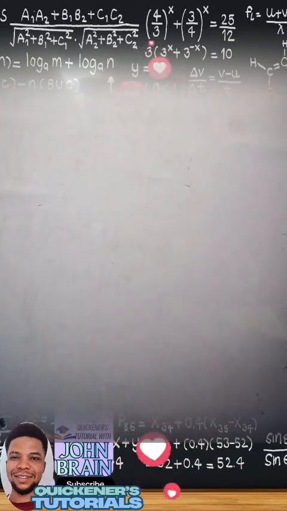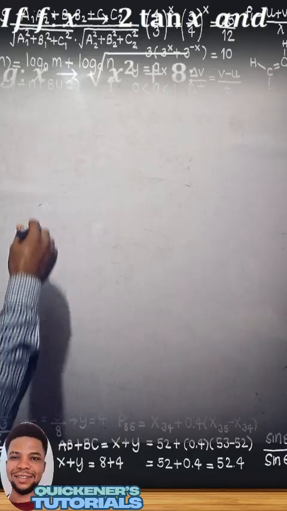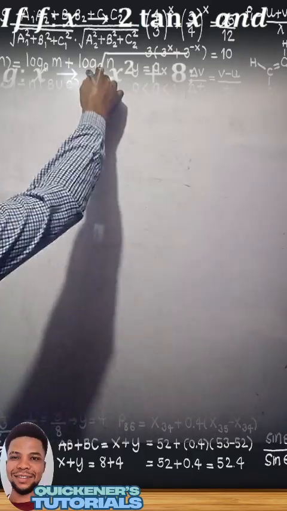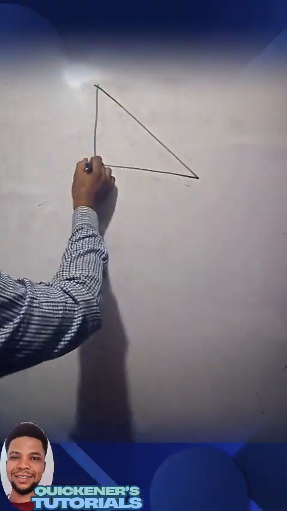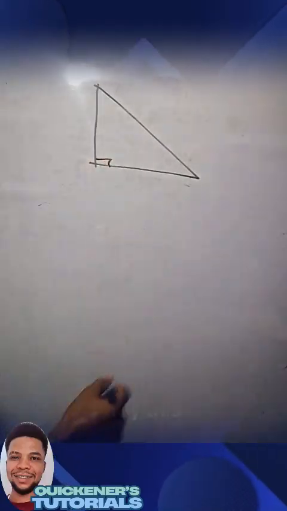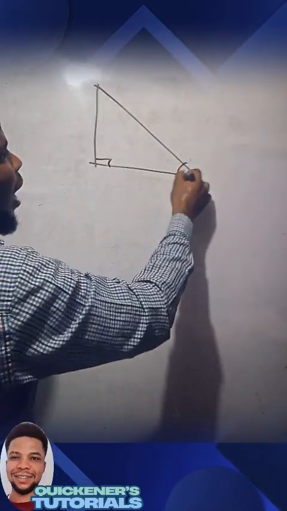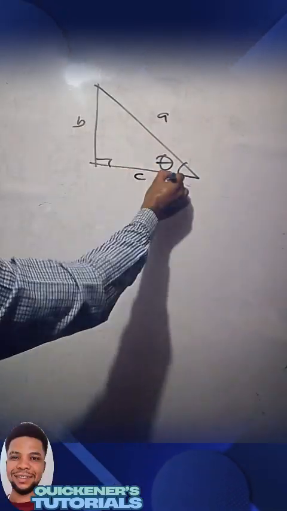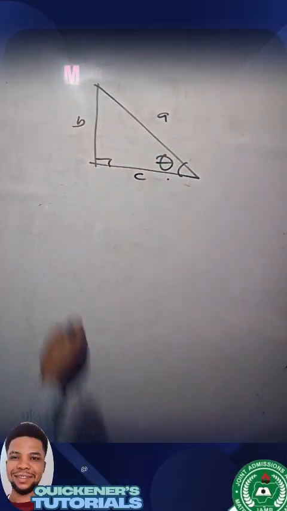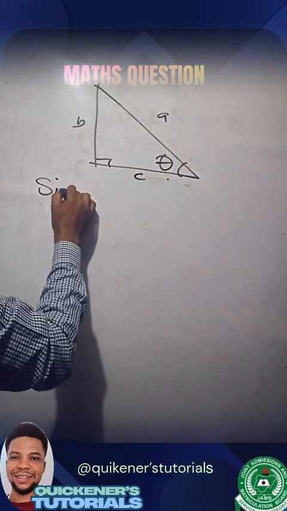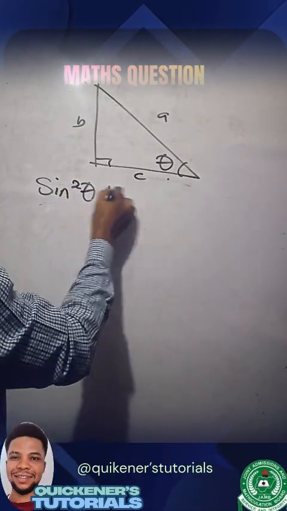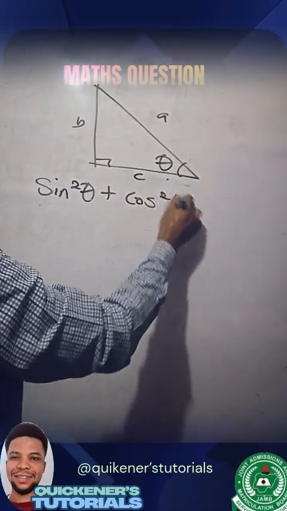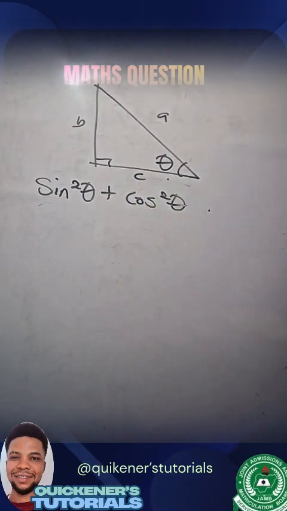Now, other theorems that you need to know: let's assume that we have theta here. This is my A, B, C. Are you with me? So let's look at the expression for sin square theta plus cos square theta. We want to find out something from this expression.